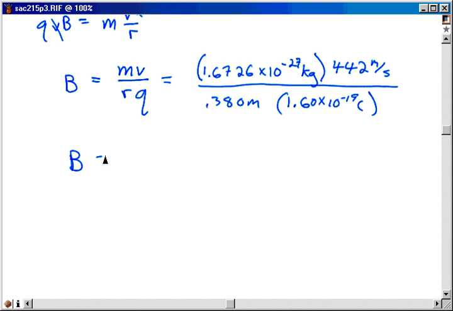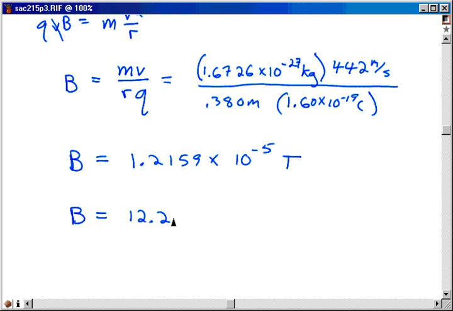Plug those into the calculator, evaluate, and you get 1.2159 times 10 to the minus 5th Tesla, which rounds off to, move that decimal over, and I get 12 point, and that rounds off to a 2.